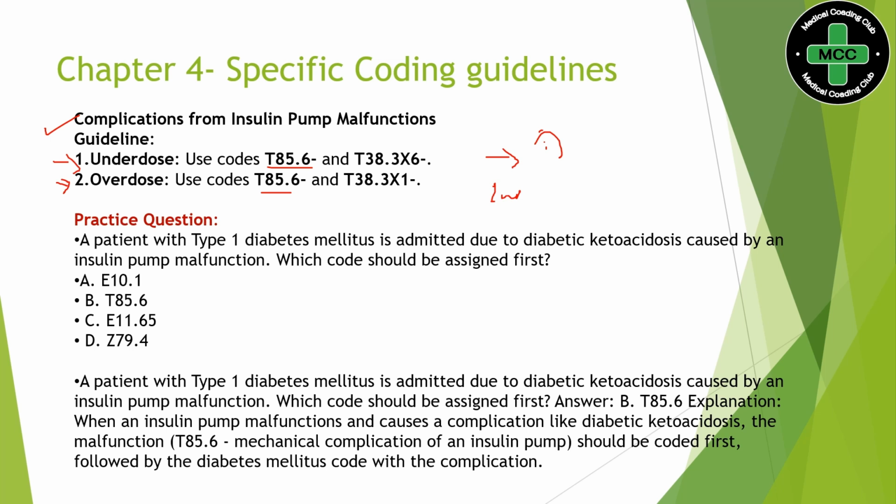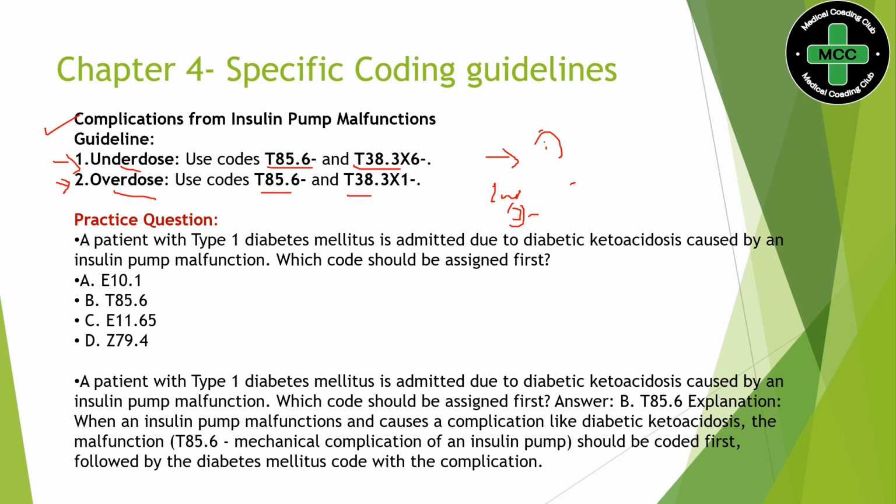If it is underdose, you can select the T38.3X6 series code, and if it is overdose, that is poisoning, you can select the T38.3X1 series code as secondary. And in the third place, whatever diabetes is diagnosed, we code it.